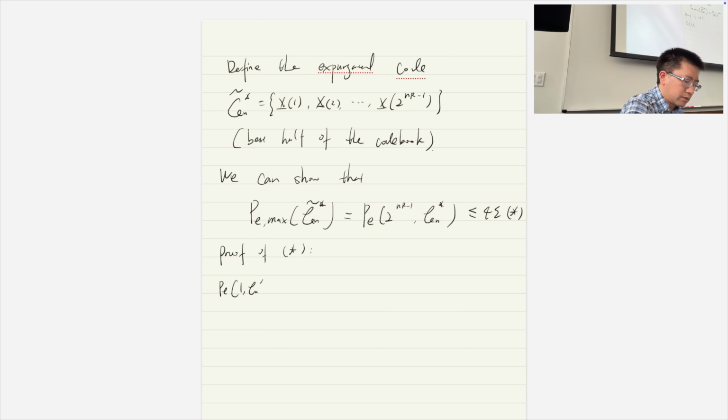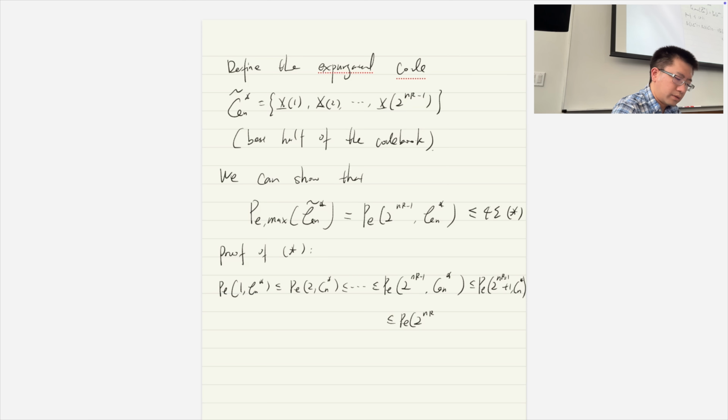So Pe1 of Cn star is less than or equal to Pe2 of Cn star, and so on up to this one, where we stop. Then this one is less than or equal to Pe of index 2 to the nR minus 1 plus 1 of Cn star, less than or equal to Pe of index 2 to the nR minus 1 plus 2 of Cn star, and so on until the last one.